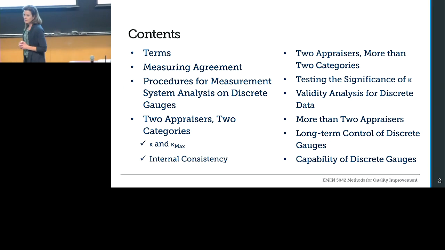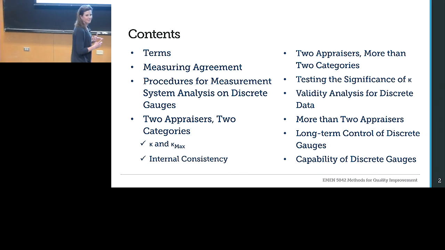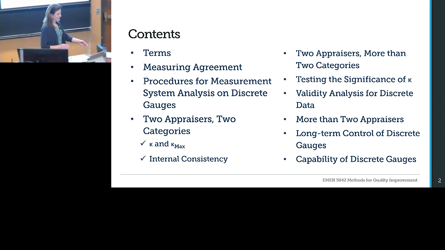There's two parts of discrete. One is for nominal, and the other is for ordinal. Right? So nominal in the discrete sense means a name. Nombre. That's how I remember it.